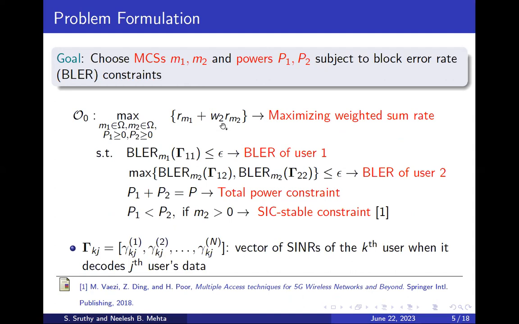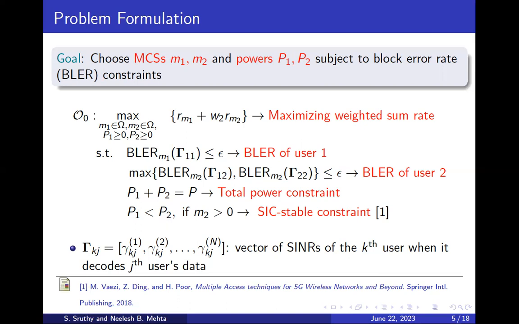We always choose W2 greater than 1 to ensure fairness for the far user. This is the block error rate constraint of user 1, this is the block error rate constraint of user 2, and then a total power constraint and an SIC stable constraint. In the SIC stable constraint, we say that we always allocate more power to the far user than the near user.